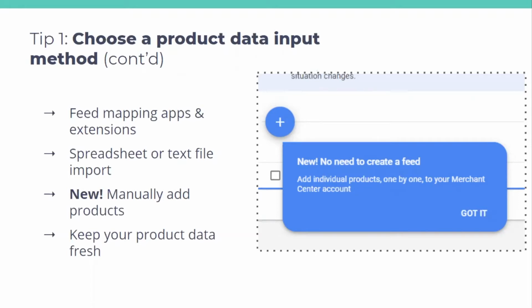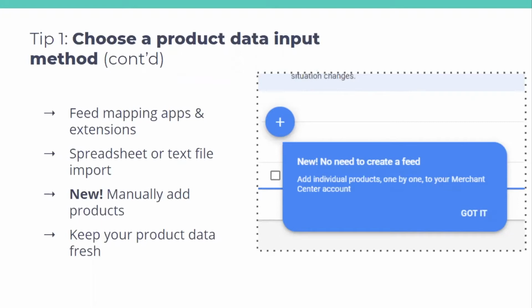If you have a smaller number of products, you have other options like uploading a text file or putting a Google Sheet together that will automatically feed your product data. So there's definitely some more options outside of getting an app or an extension. And brand new to Google Merchant Center, and actually if you have set up a feed before, you'll think this is awesome.